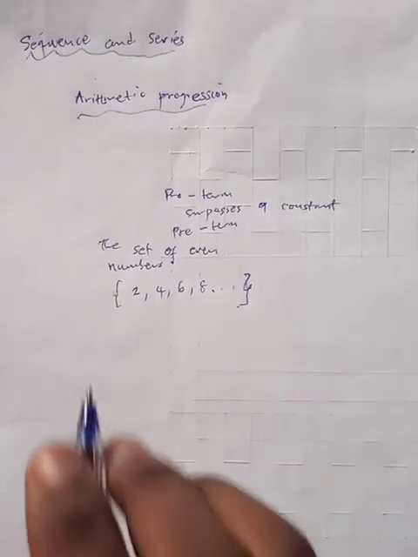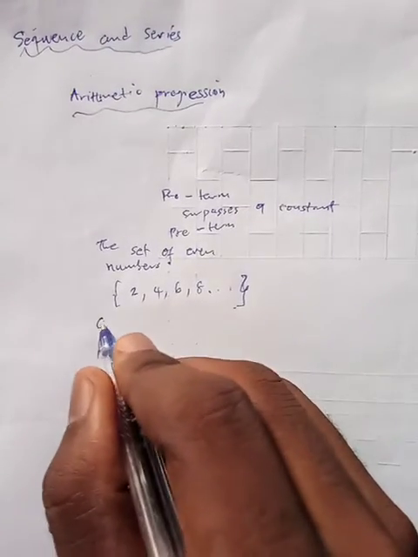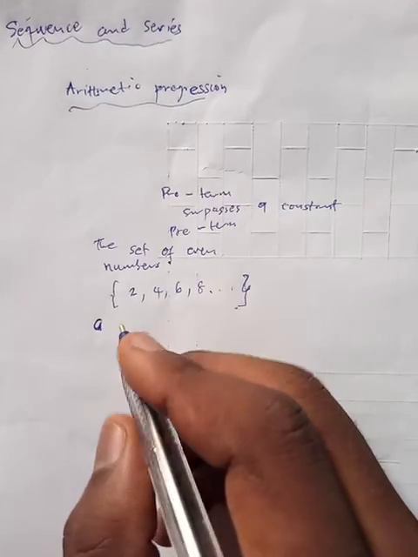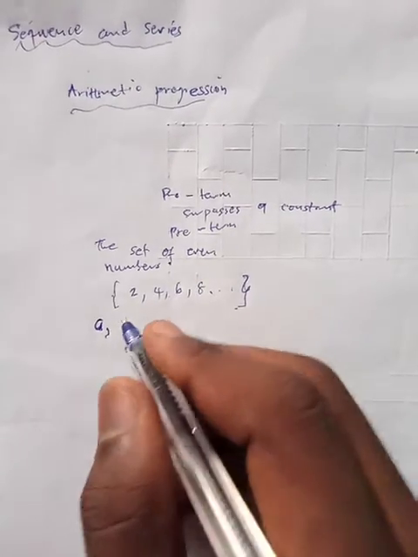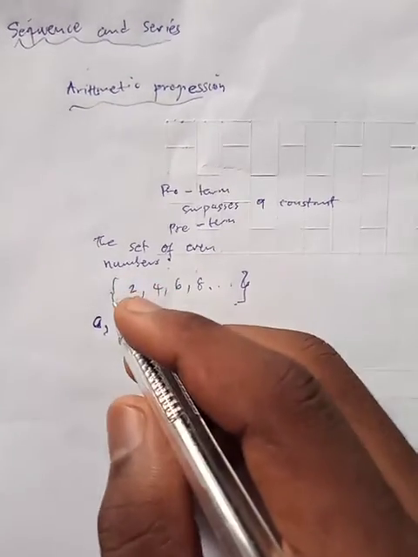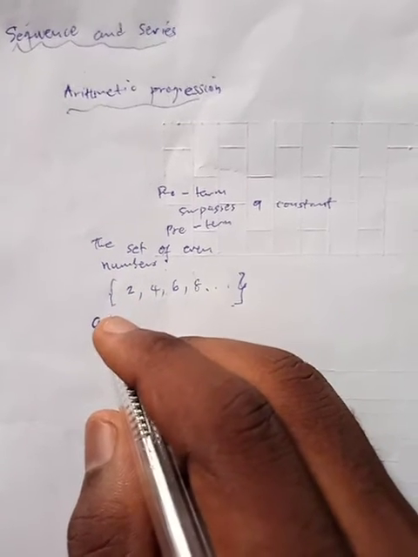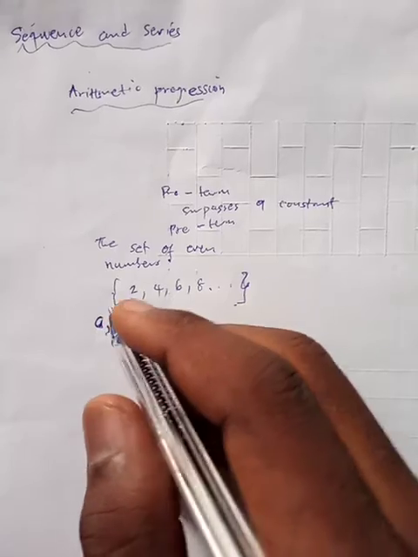So let A be our first term. If A is our first term, then we add a constant, whether negative or positive, such that the difference between two consecutive terms gives you that constant.